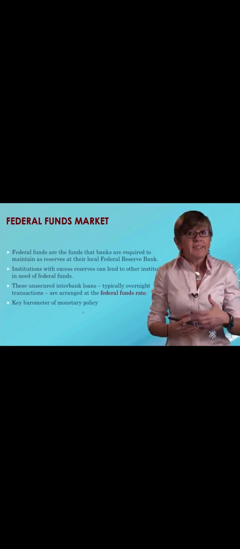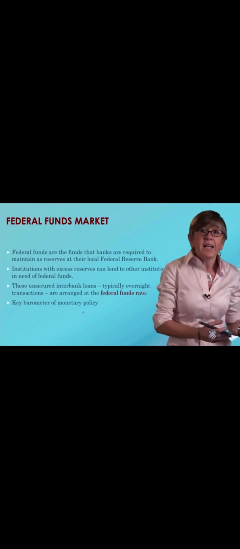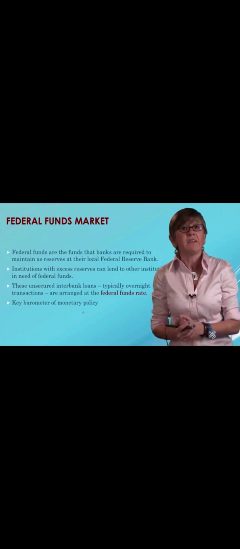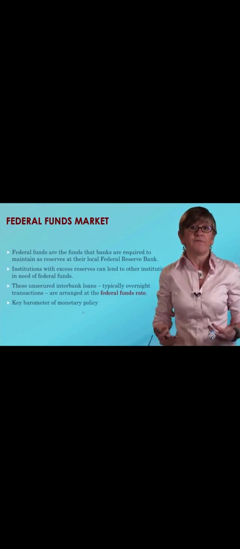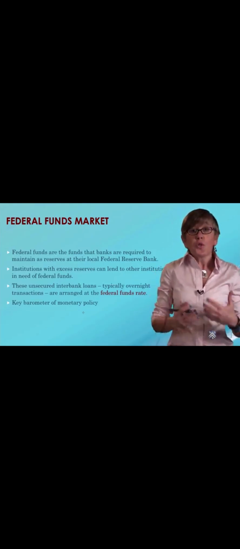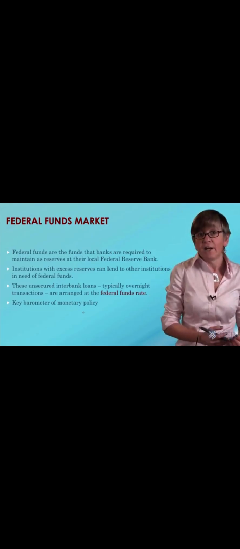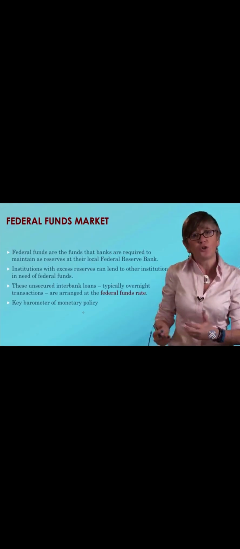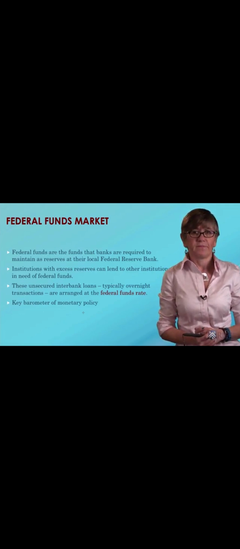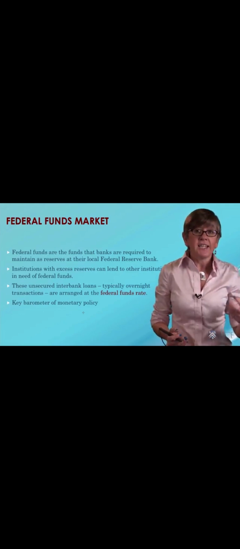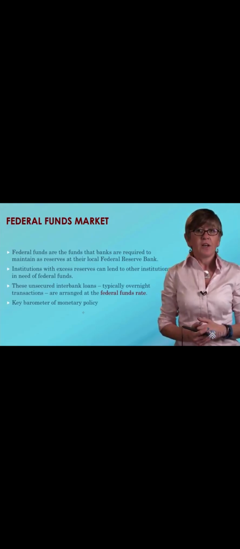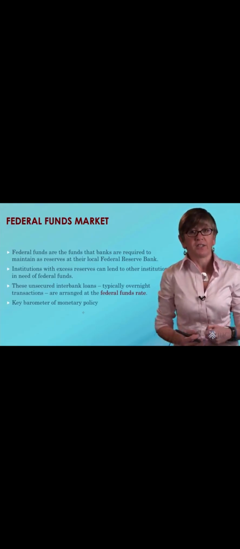Now, at any point in time, some banks may have more funds or excess funds than they need, and others may be in need of funds. So those banks that have excess federal funds can lend to those that have a shortage of federal funds. The interest rate on these interbank loans, which are typically overnight transactions, is called the federal funds rate.